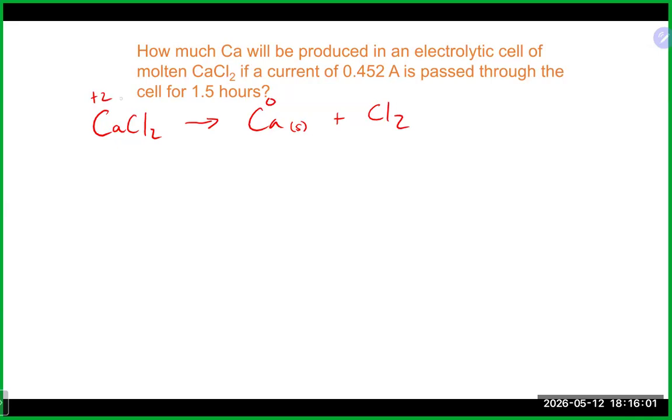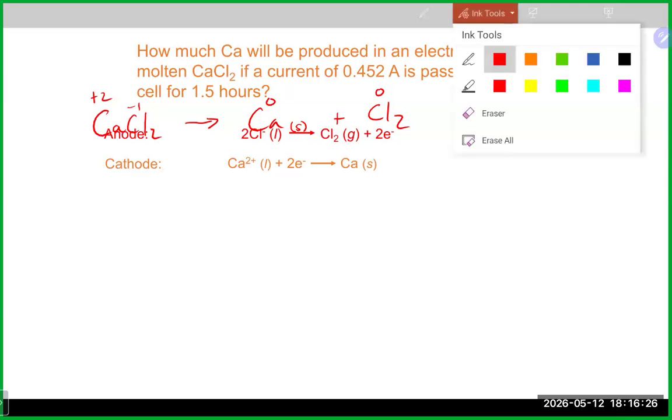And we're going from -1 to 0, which means the chloride here is getting oxidized. That means the chloride would be our anode, and the cathode would be our calcium in this particular case.